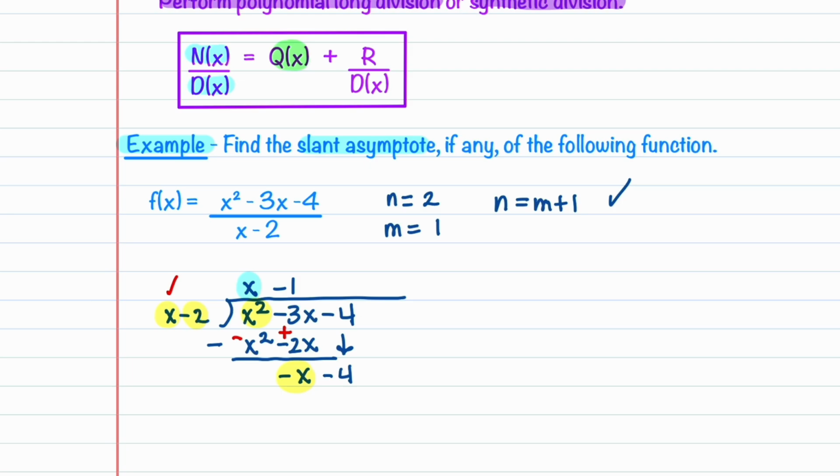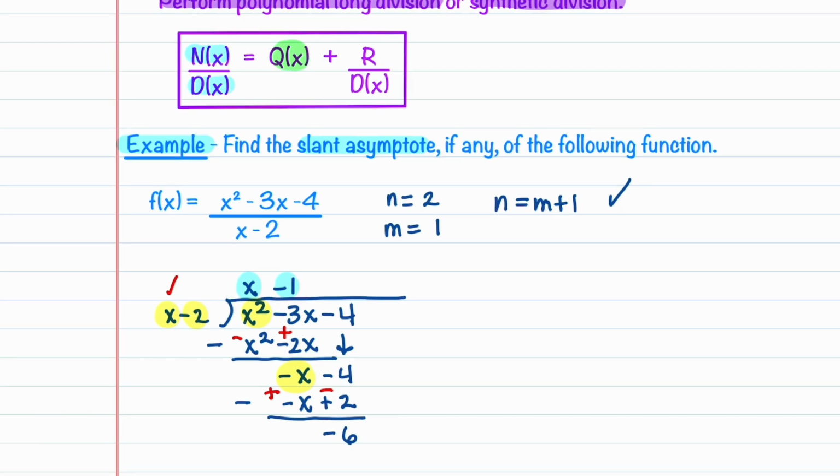So x times negative 1 is minus x, and then we multiply minus 2 times minus 1, and we get 2. So we plus 2. Now we're going to subtract it. So our signs are going to change. This is going to be a positive. That's going to be a negative. And we end up with minus 6.